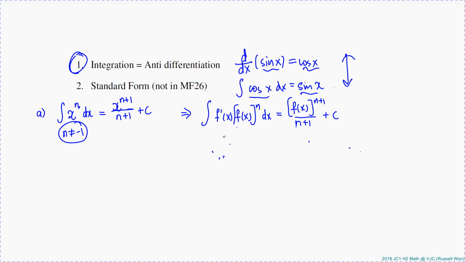Example: if I integrate sine x, sine to the power 7 x, it is quite obvious that this is sine to the power 8 x. Cosine x is my f prime x. Sine x is my fx, not sine to the power 7 x. This sine x is my fx. Then you get fx to the power 8 over 8. Clear enough?